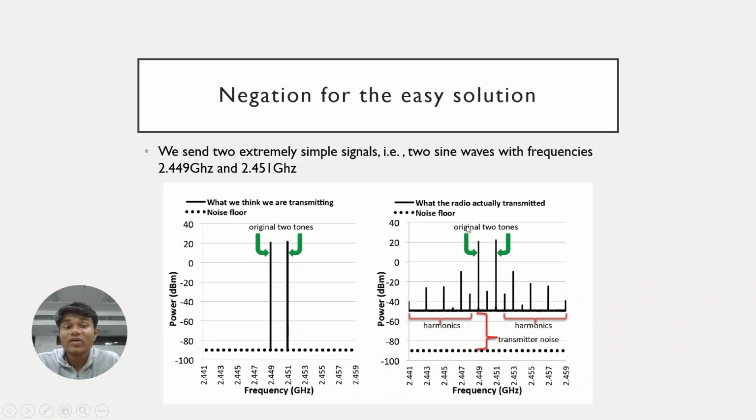Now, what the radio actually transmits is depicted on the right hand side, where you see the two peaks that we thought we were transmitting are there. They have their power level. But we also see these extra harmonics. This is the way that radio distorts the signal.